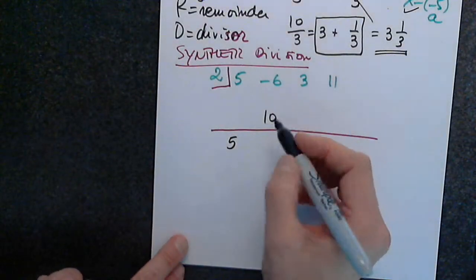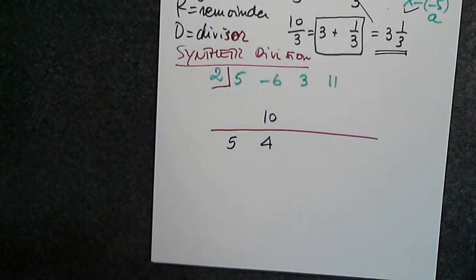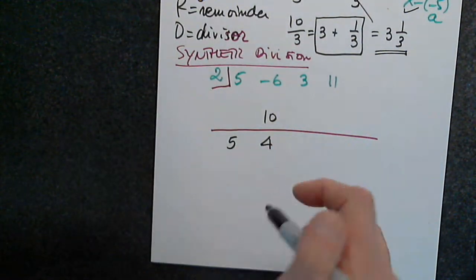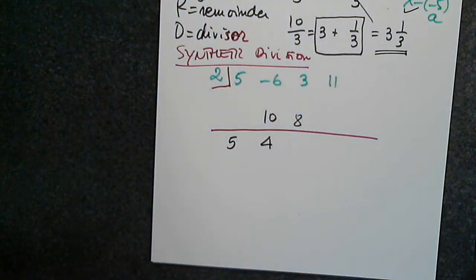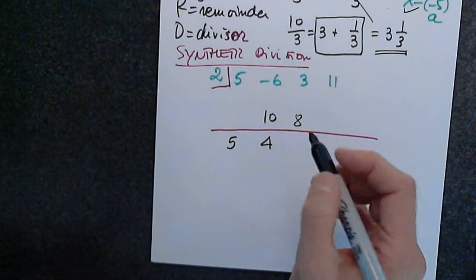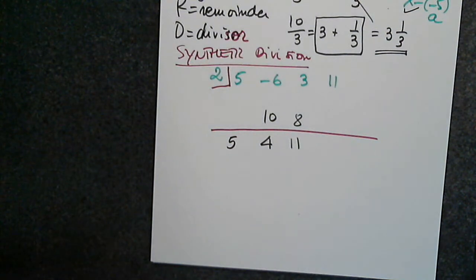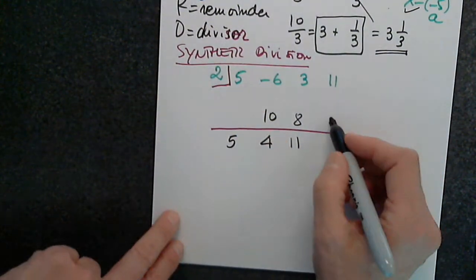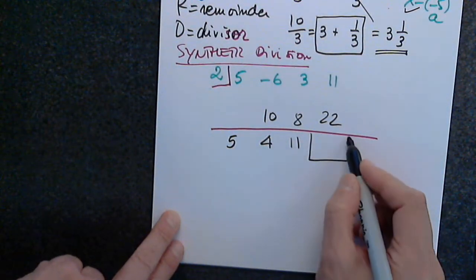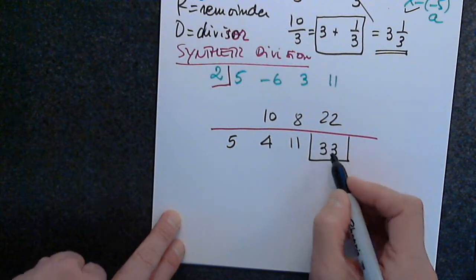I perform the operations and I get 4. I continue with 2 times 4 and I get 8. I perform the operations and I get 11. I continue, 2 times 11 is 22, and I box it in, and this will be the remainder.